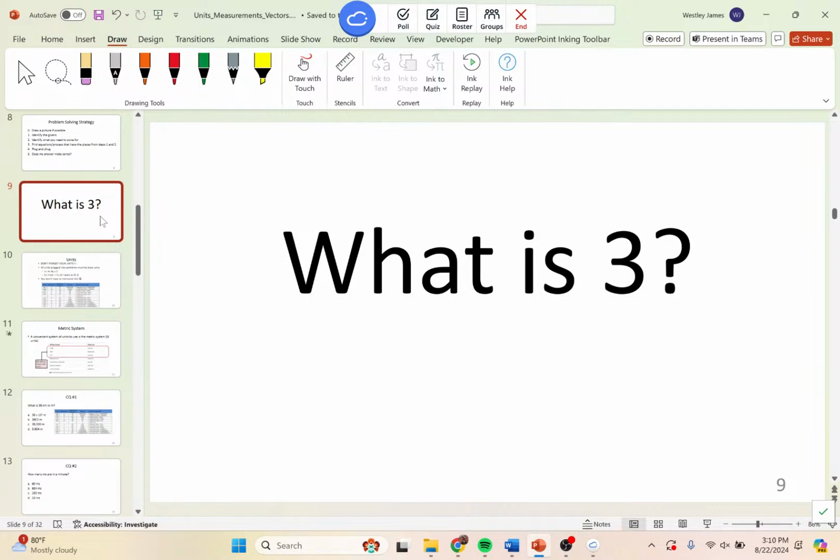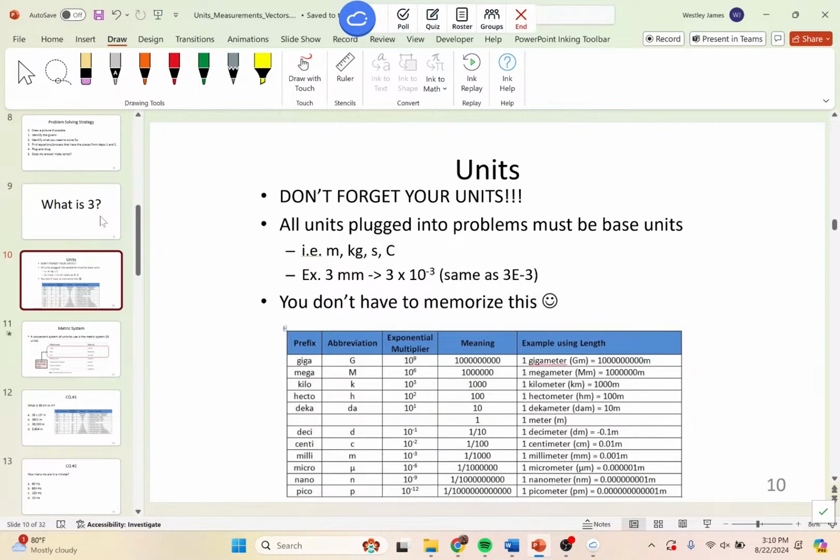So the question is, 3 what? And the answer to that is, it depends on the unit that comes after it. In this class, if you don't put a unit after it, it means anything. If I told you I lived 3 away, 3 miles, 3 centimeters, 3 minutes, 3 hours, it could be anything.